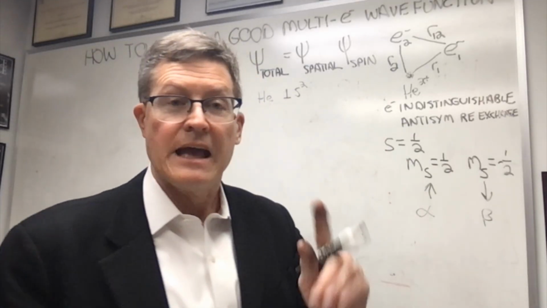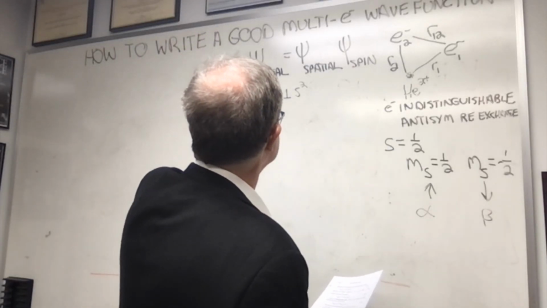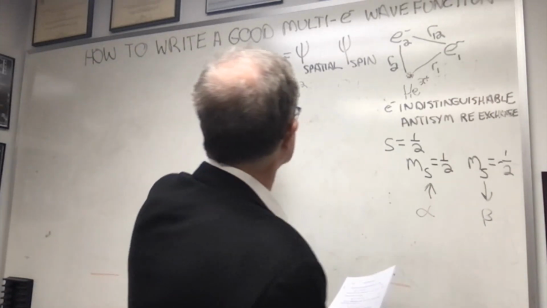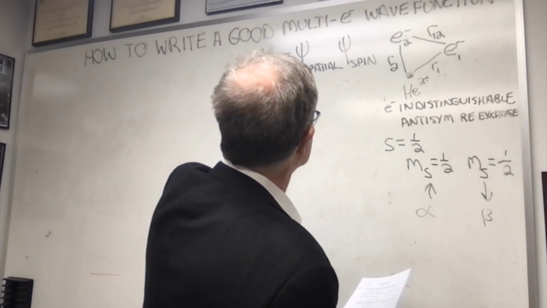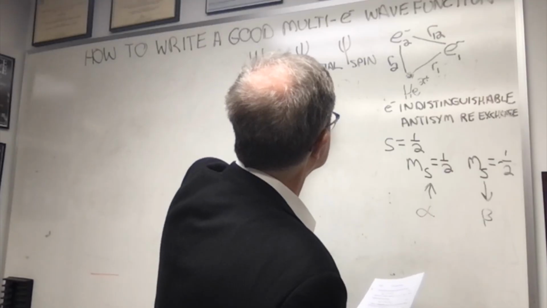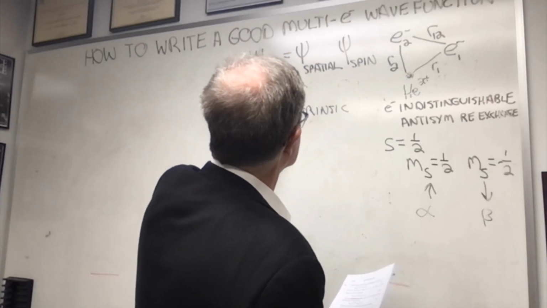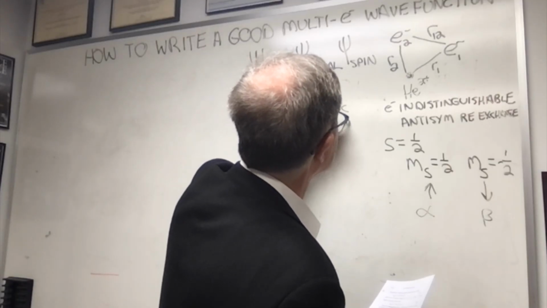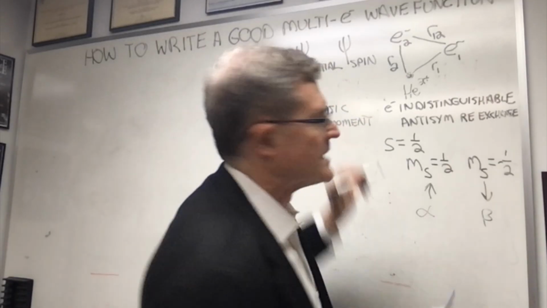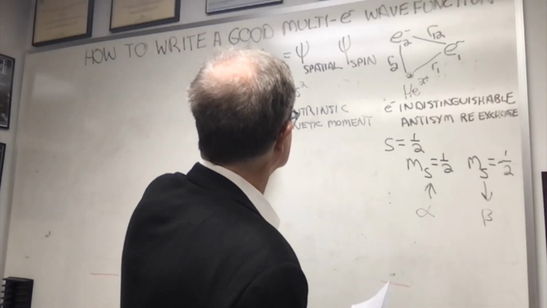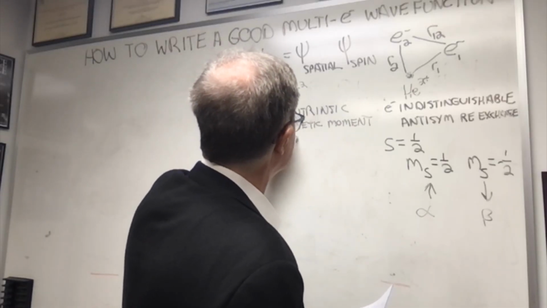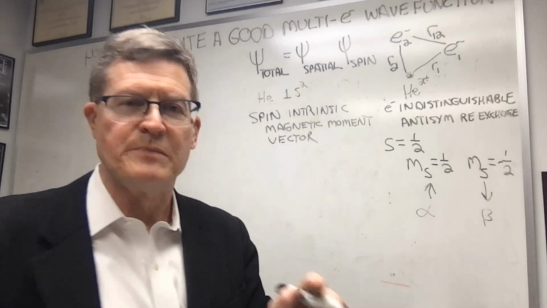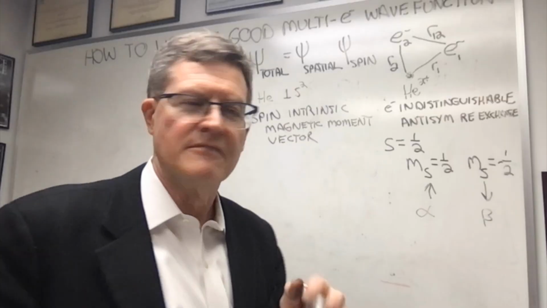Well, spin represents an intrinsic magnetic moment of the electron. It's a vector quantity, and that's important because there are only certain ways that we can add spins together. They have to obey the vector rules.